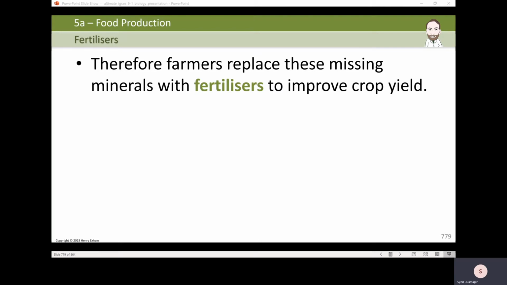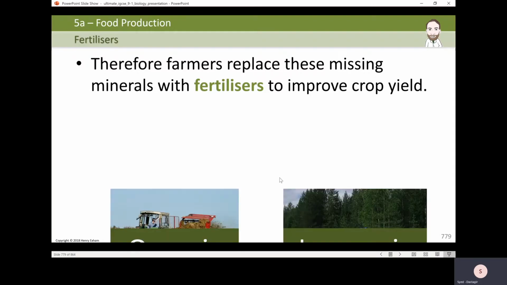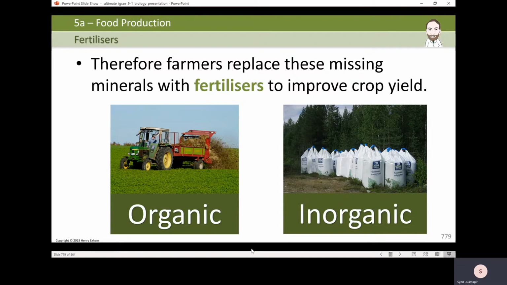Unmuted. Sorry, some technical difficulties there. So as we were saying, we need to replace these missing minerals with fertilizers to improve crop yield. There are two types of fertilizers, organic and inorganic.